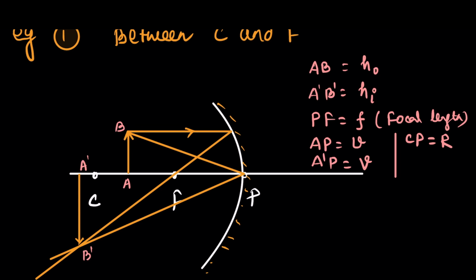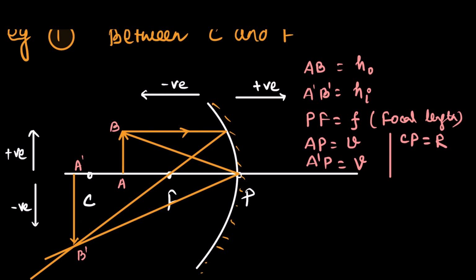So if we follow our sign convention rule, left is negative, right is positive, up is positive, and down is negative. I just mark the name, height of object, height of image.